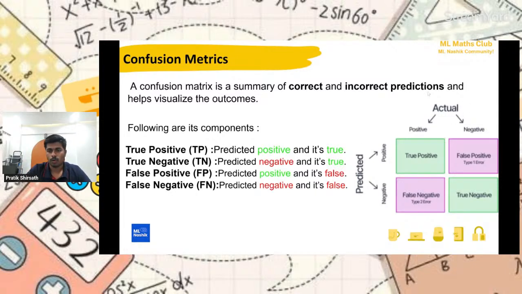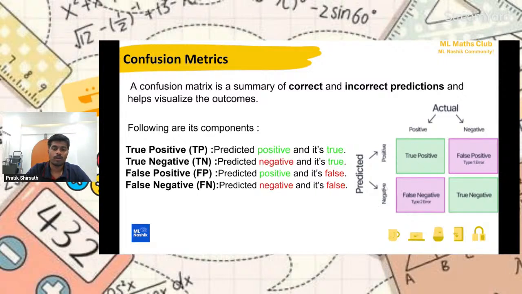For now, look at this diagram. When the positive and positive meet, it is called a true positive. When the model predicts something as positive, but in actual the instance is negative, then we can say it is a false positive.